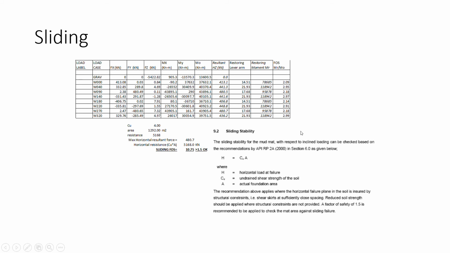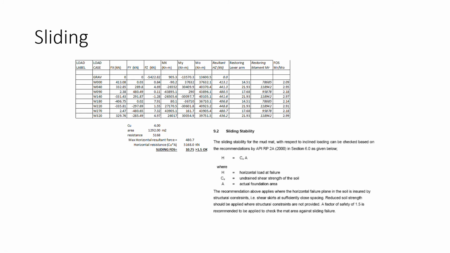For bearing, sliding and overturning, the sliding will always not have any issue in most problems. You see the factor is 10.75 against the required 1.5, and you can ask whether I can reduce the area of the mud mat. No, because you will end up with a problem in bearing.